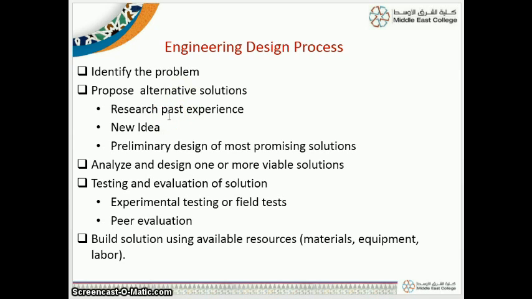One type of solution can be to research past experience. So if you have any problem, we have to see whether that problem has been resolved in any previous experiences. If it was resolved, you can take some information from their experience, or else you can come up with a new idea.